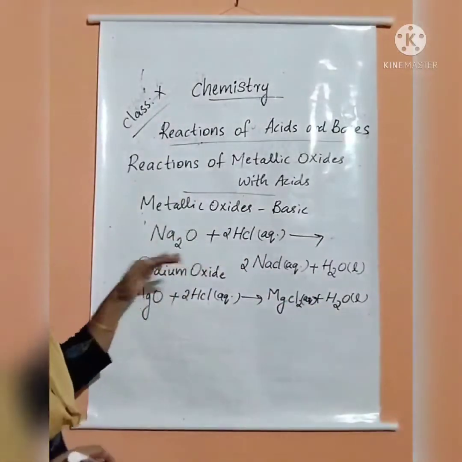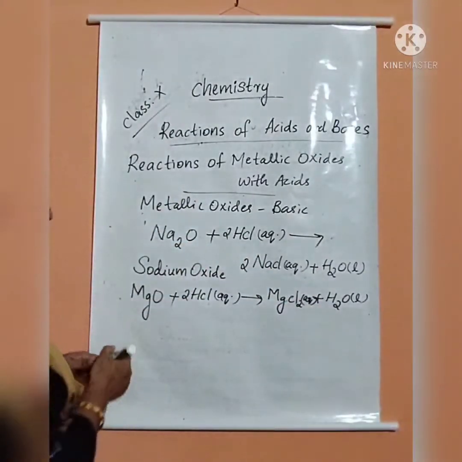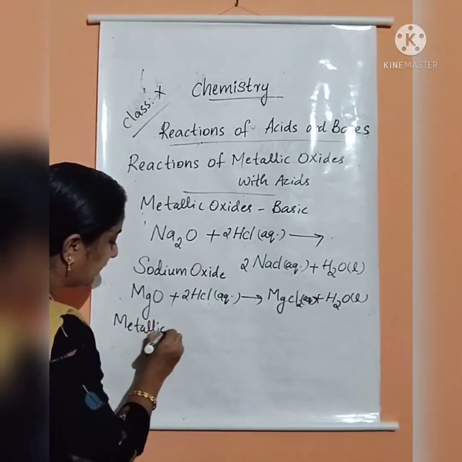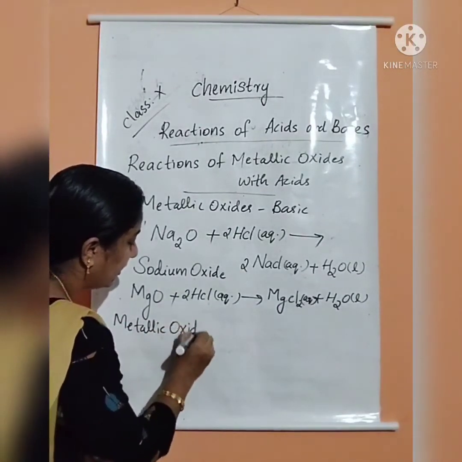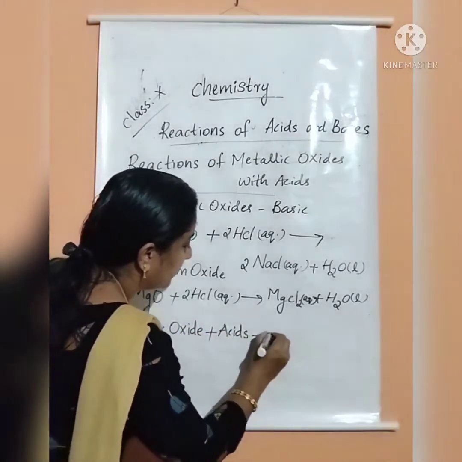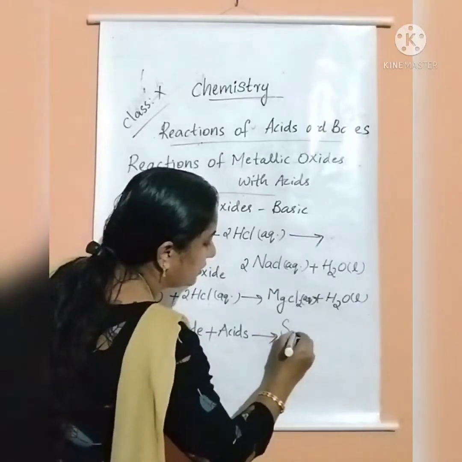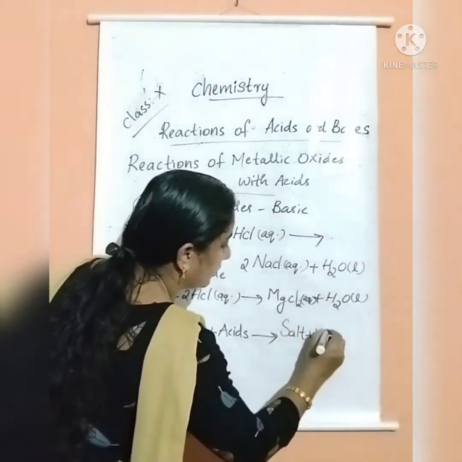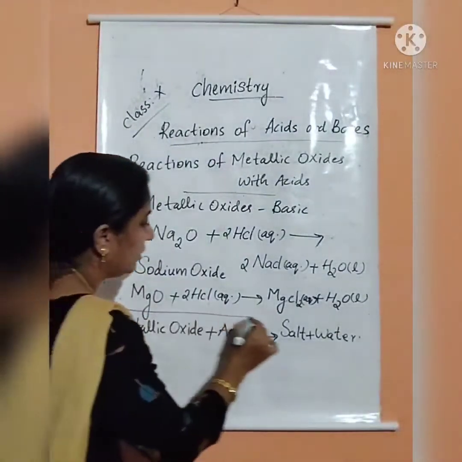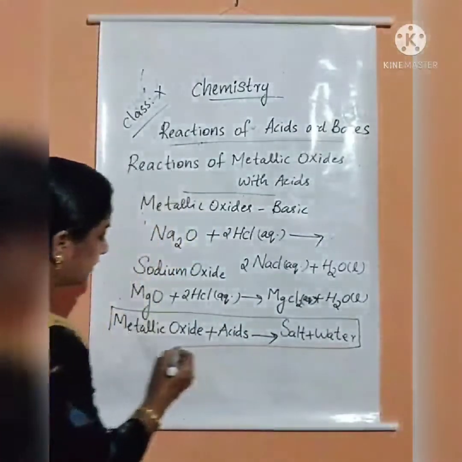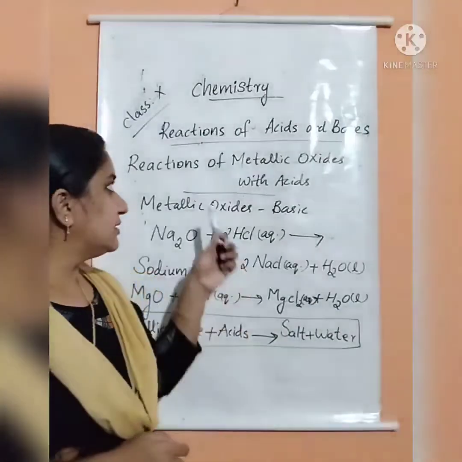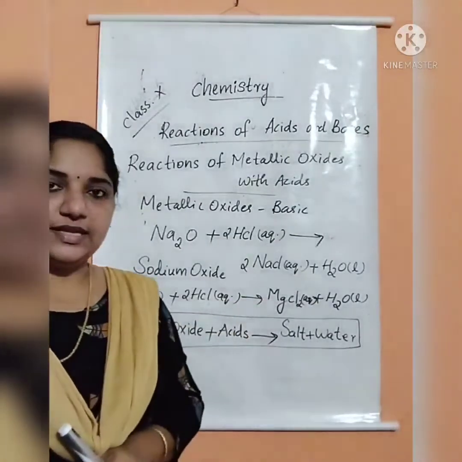So, we can summarize it as: metallic oxide reacts with the acids, the products are salt plus water. Okay, this is the reaction similar to that of the reaction between acids and base. This is the reaction between metallic oxides and acids.